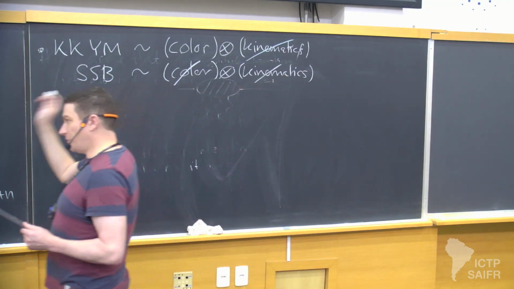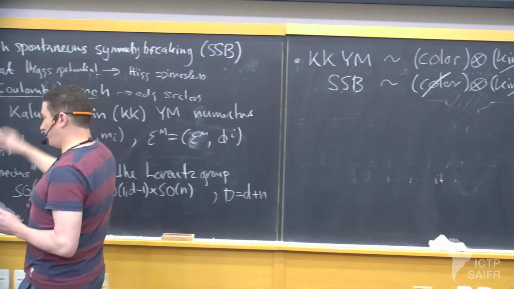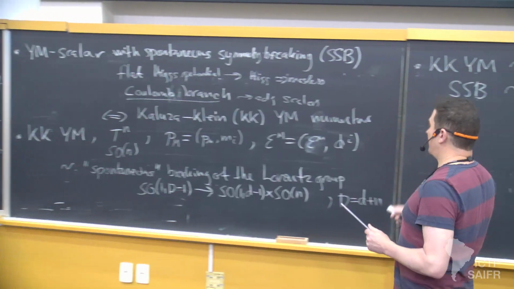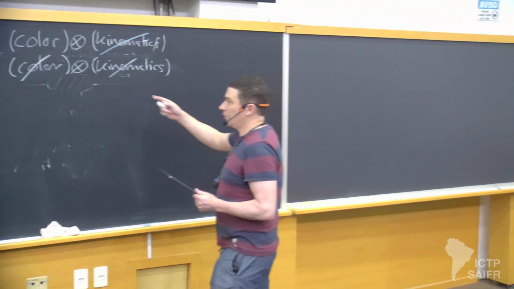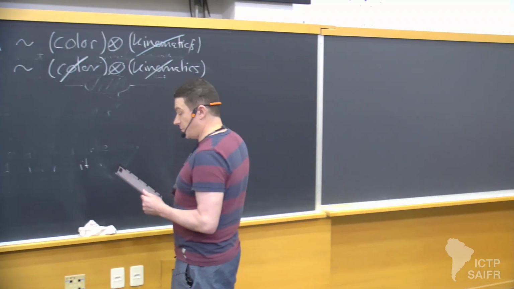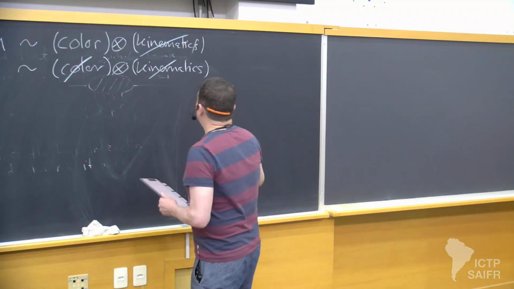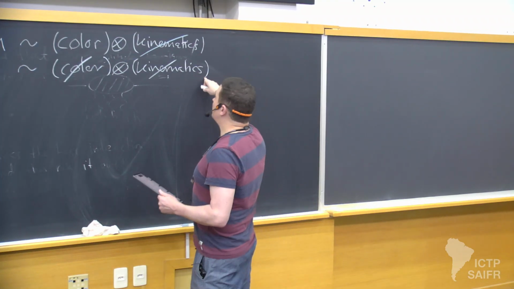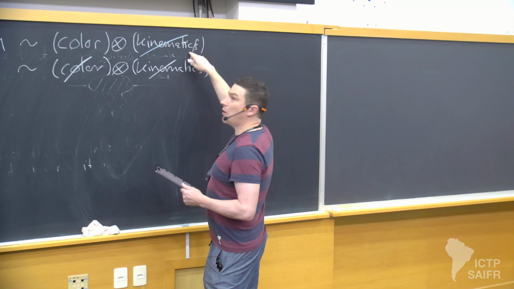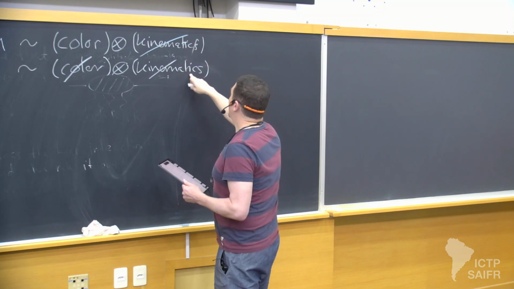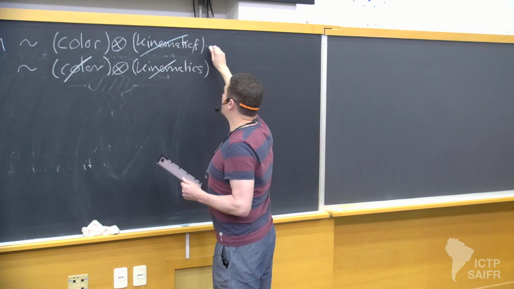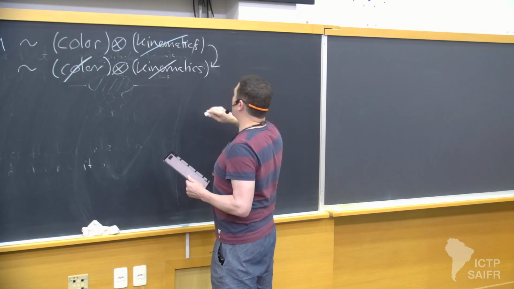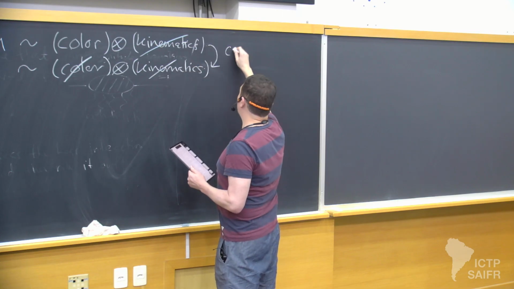Of course, I'm not reviewing the Higgs mechanism or whatever, but I'm just pointing out that there is a specific interpretation where you can think of it as breaking both color and kinematics. And then my statement is that these two things are somehow related. And the relation is that you can go from the numerators of this theory to the numerators of that theory using a consistent truncation.